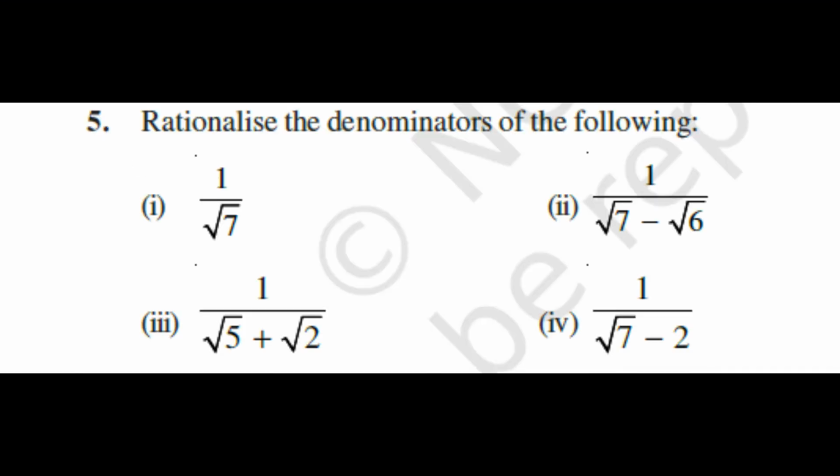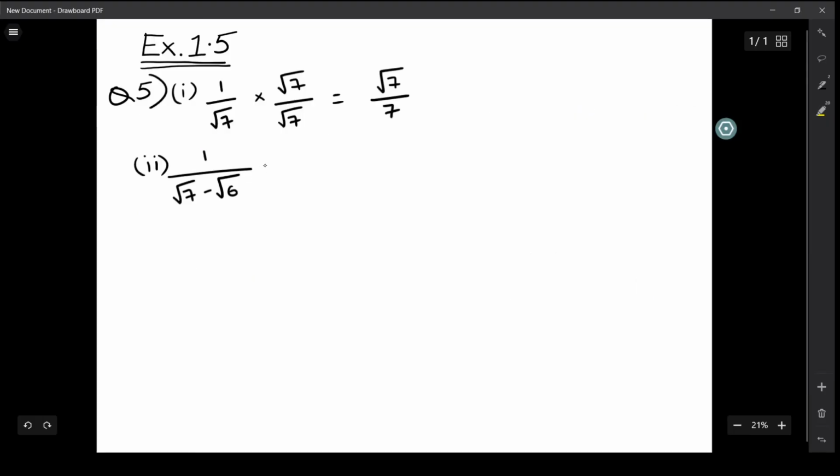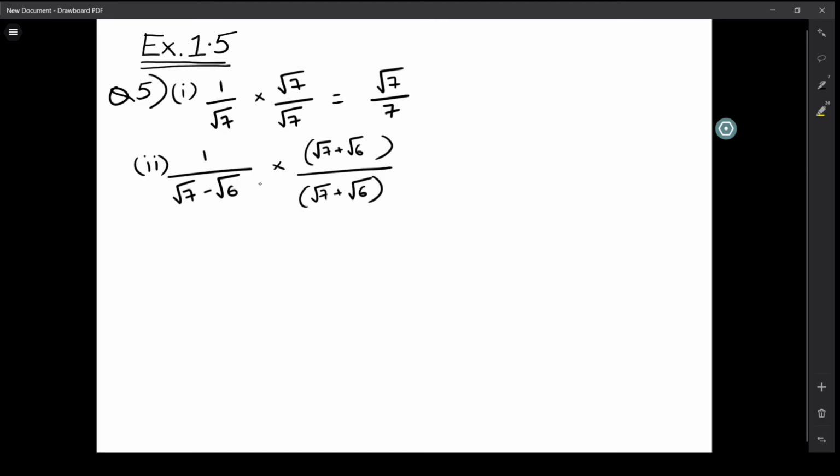Moving on to the second part. Second part is 1 divided by root 7 minus root 6. Out here, what we're going to do is multiply the numerator as well as the denominator by root 7 plus root 6. What this will do is, out here my numerator becomes simply root 7 plus root 6.